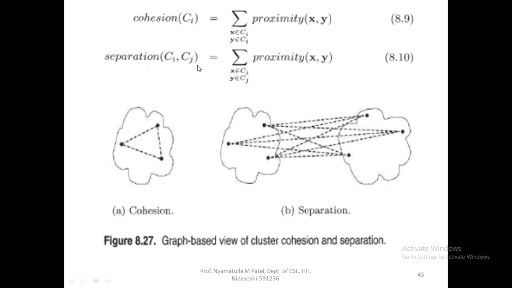So, in separation we are taking Ci and Cj, that is the summation over x belongs to Ci and y belongs to Cj of the proximity of x, y. Here in cohesion you can see how tightly connected the points are. There are 3 points in this one cluster, and cohesion shows how closely these 3 points are connected to one another, while separation connects every point to every other point in the two different clusters, takes the sum of their weights, and defines how distinct the two clusters are.